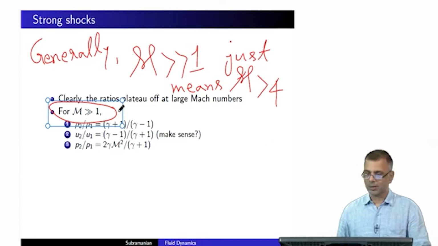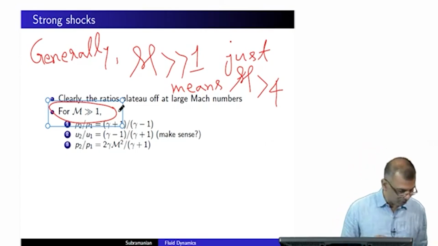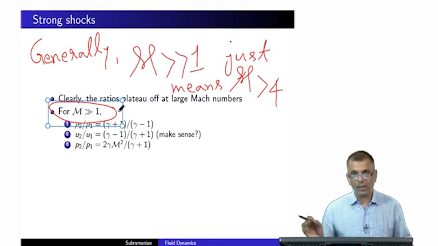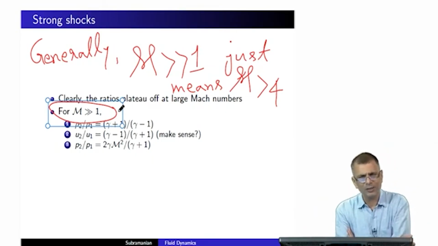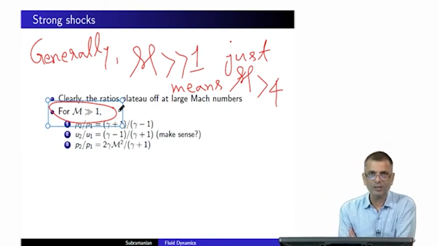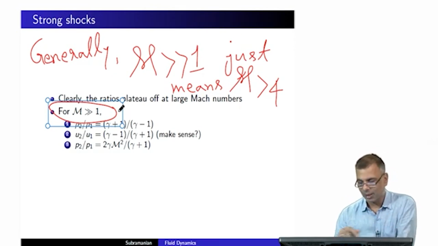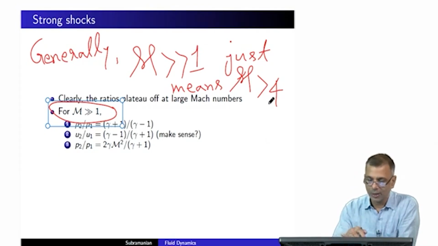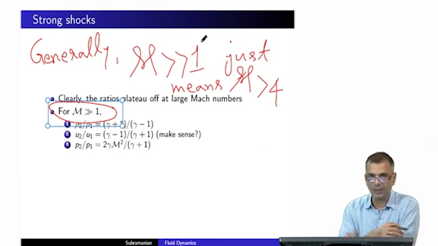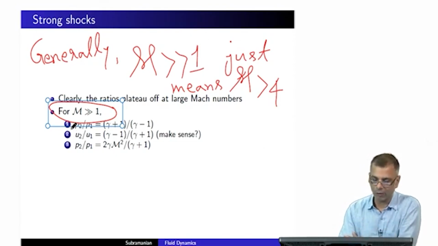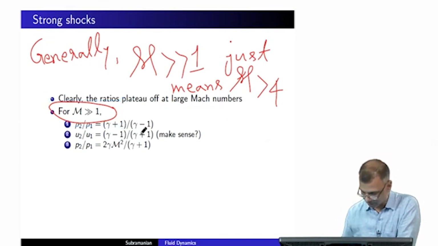I wanted to emphasize this because generally you would say, well, any quantity in physics, if you want it to be much larger than 1, it has to be larger than at least 10, something like 100 or 1000. In this particular case, that is not so. That is why I am saying it. If you are above something like 4 or 5, you are already in this much larger than 1 regime. I just wanted to emphasize that, and you can see that from the plateauing of the density ratio and the velocity ratio.